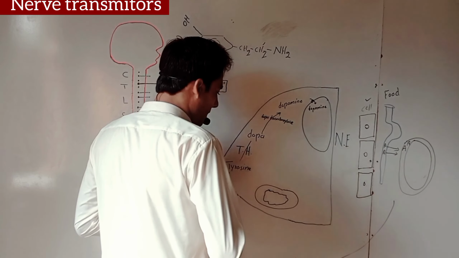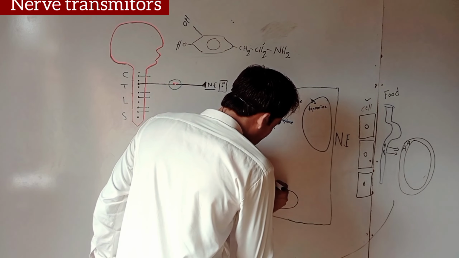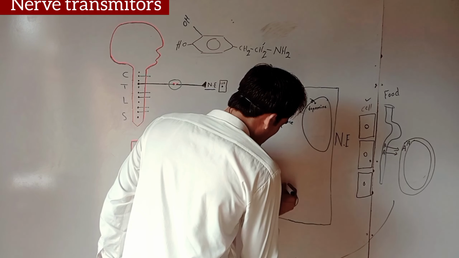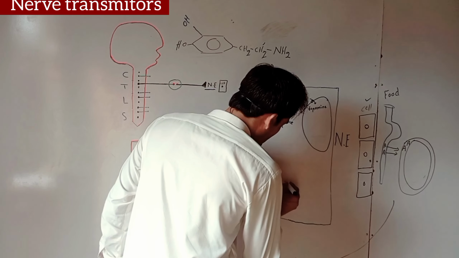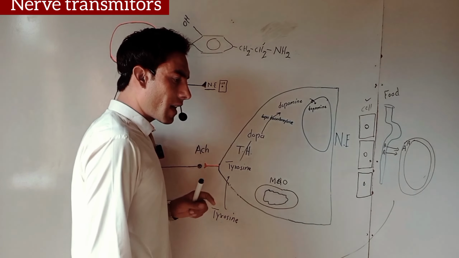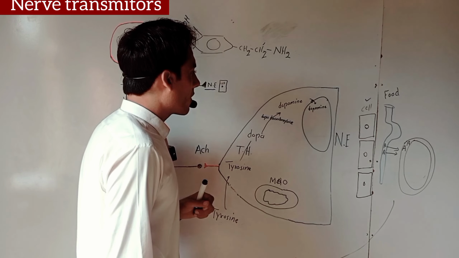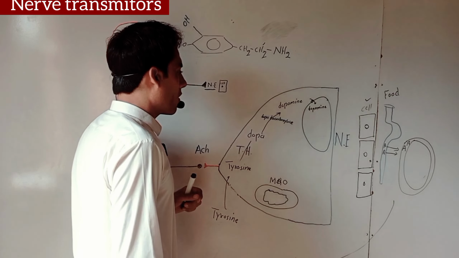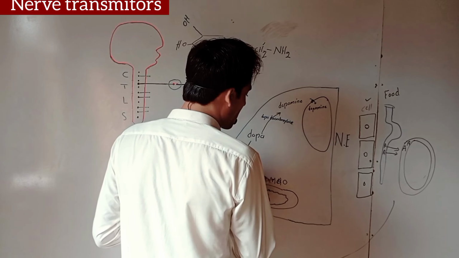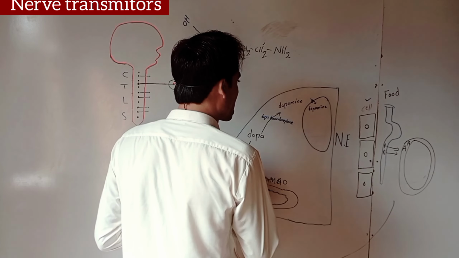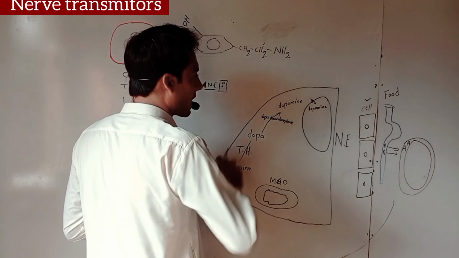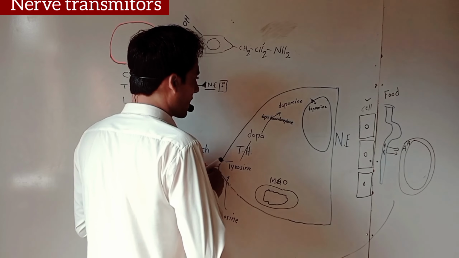On the surface of the mitochondrion, there is a special enzyme, monoamine oxidase, which destroys low molecular weight compounds. So when dopamine remains in the cytosol, it is directly destroyed by monoamine oxidase. So, for prevention of this, it is directly pumped into the vesicle.